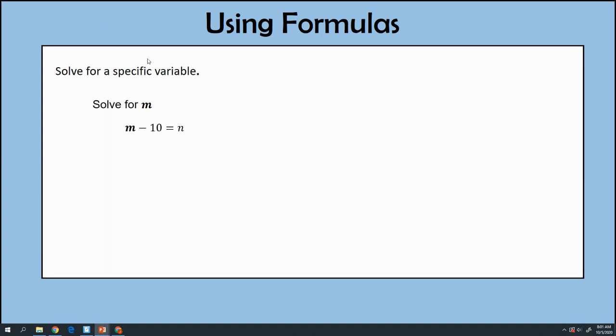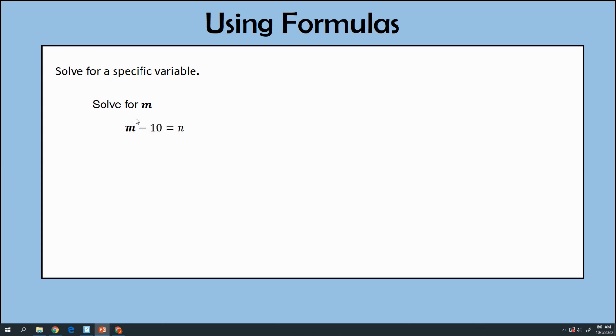So for example, solve for the specific variable. In this case, they're telling us to solve this equation for m. So m minus 10 equals n is our given equation. We want to solve for m. I highlighted the variable term that we're solving for. Our objective is to get m on the left side of the equation by itself.